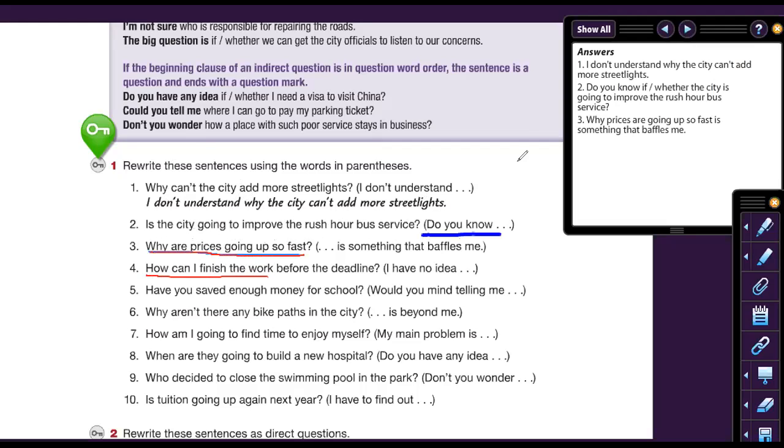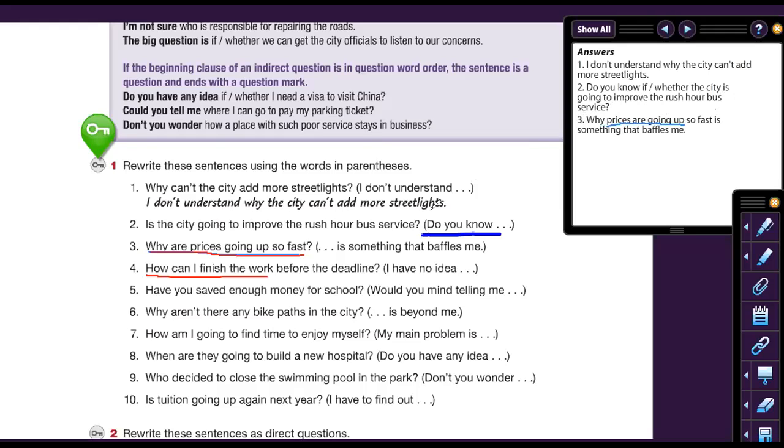But look here, this is not question word order. Here's an affirmative statement: prices are going up so fast. So why are prices going up so fast? That's the question. So, why prices are going up so fast is something that baffles me. You see? So you have to restate it in affirmative.